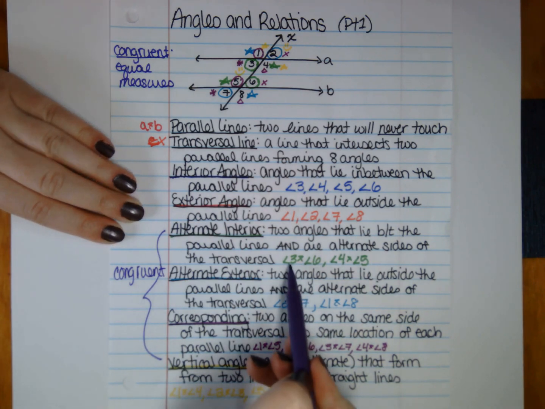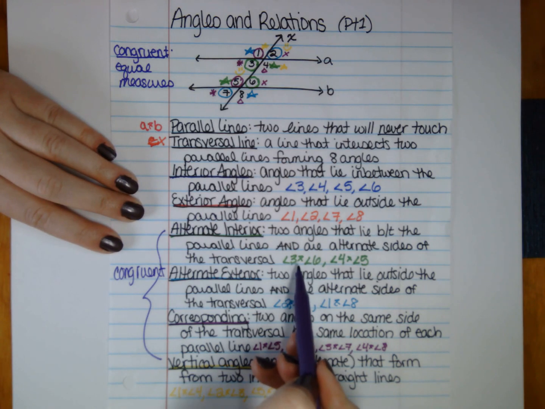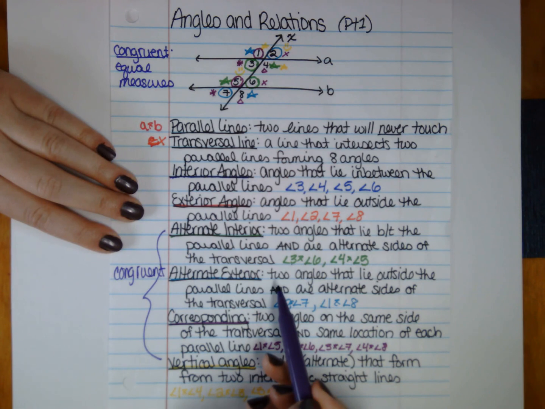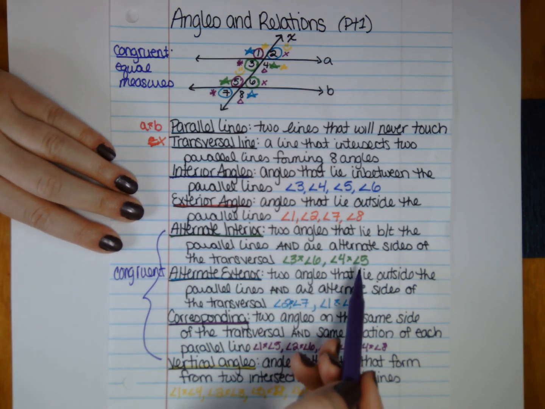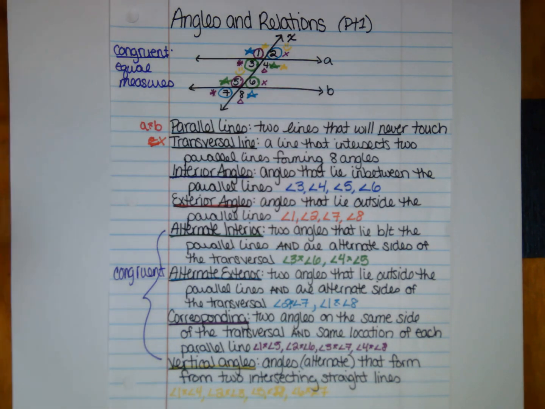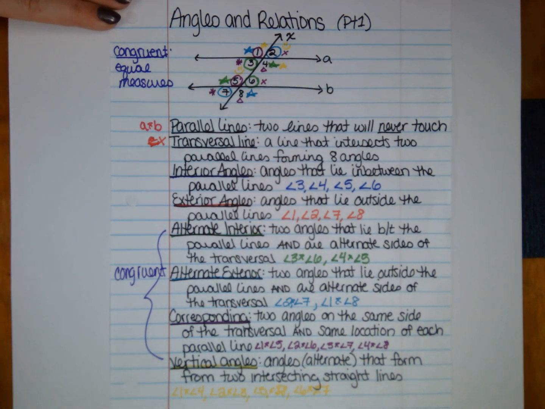So if we're talking about 3 and 6, they are congruent, meaning that angle 3 has the exact same measure as angle 6. Angle 4 has the exact same as angle 5. Angle 2 has the exact same as angle 7, and so on. This is going to come into play when you have to find the values of unknown angles in relation to parallel lines and a transversal, which we will discuss in the topic of finding unknown angles later on.